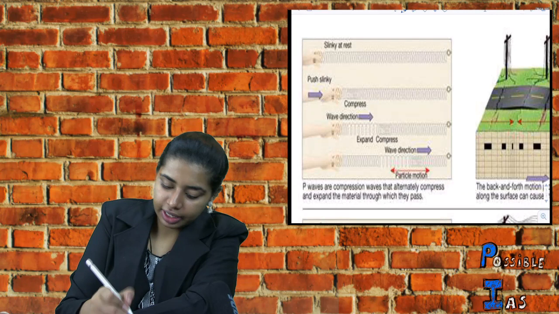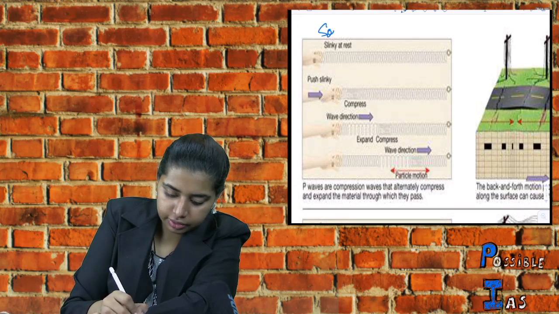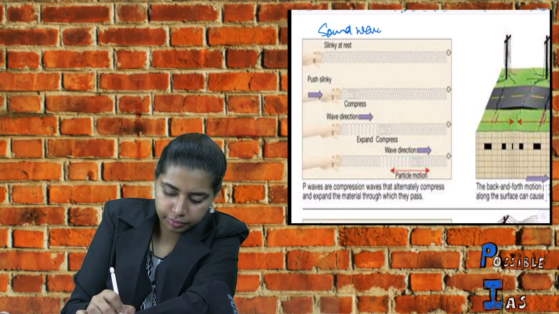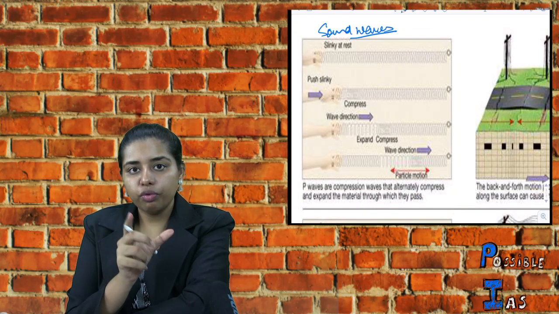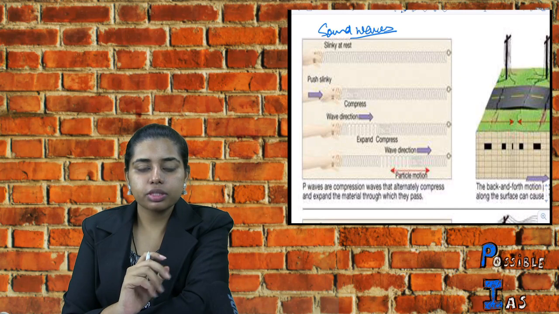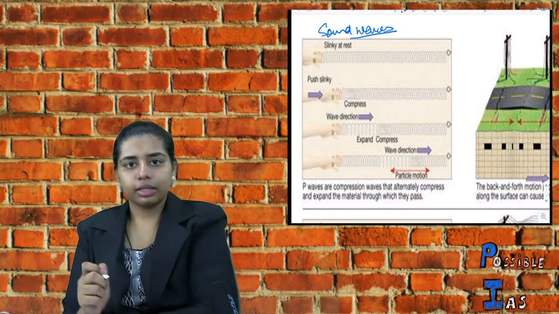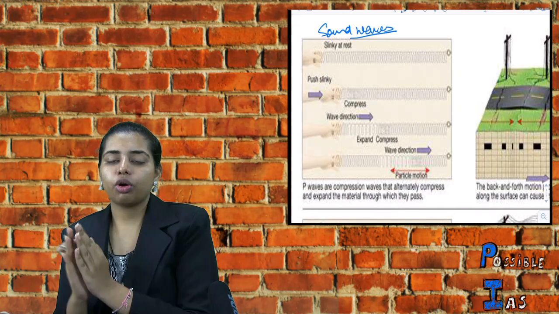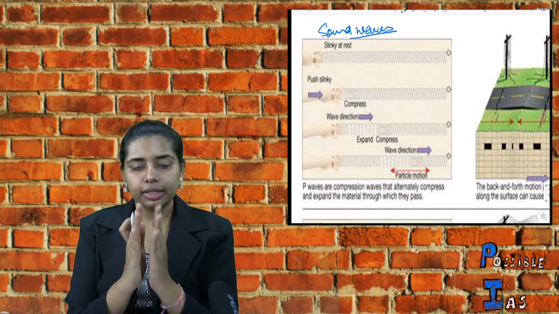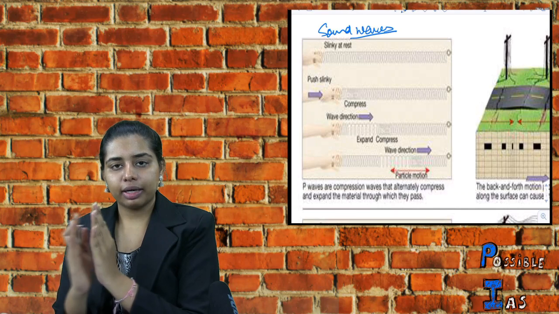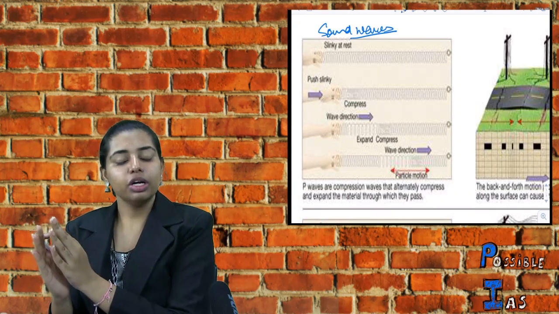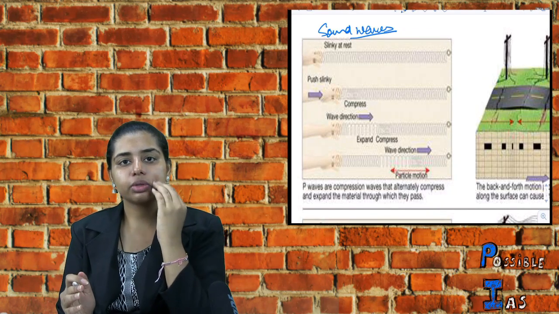P waves, they travel like sound waves. They give energy to the particles, and the particles compress, expand, compress and expand. So these set of particles, they will compress. Then they will transmit energy to the next set of particles. So they will expand, and the next set will compress. Okay, so that is how the P waves move.